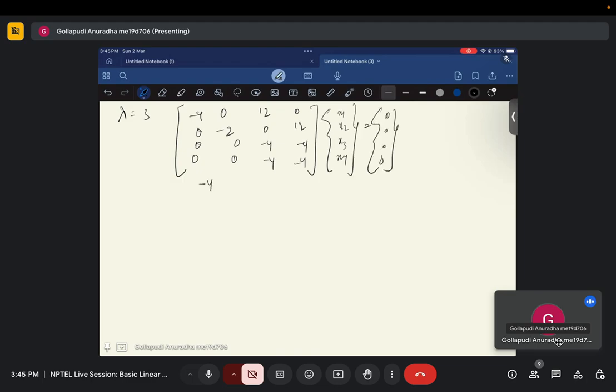Okay, so minus 4x3 minus 4x4 is going to be 0 here, and minus 4x4 again is going to be 0 here, and then 2 into x2 plus 12 into x4 is 0 here, and minus 4x1 plus 12x3 will be 0. So x3 is going to be equal to minus x4, right?